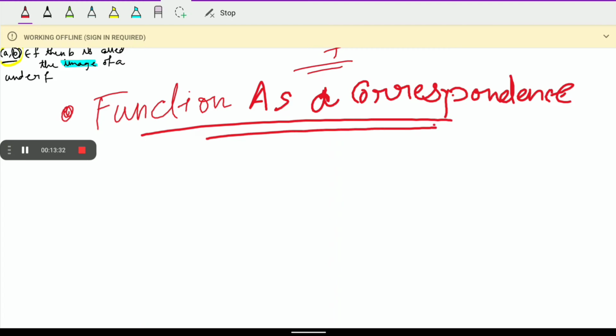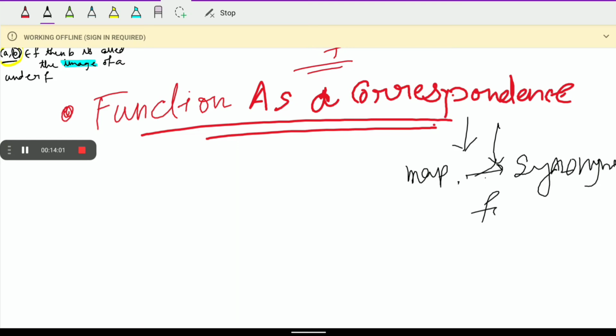The term correspondence is basically a synonym for function. Terms such as map or mapping, and correspondence, they all are synonyms for function.